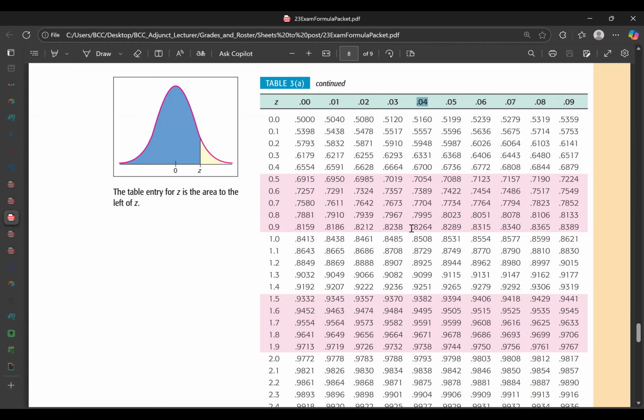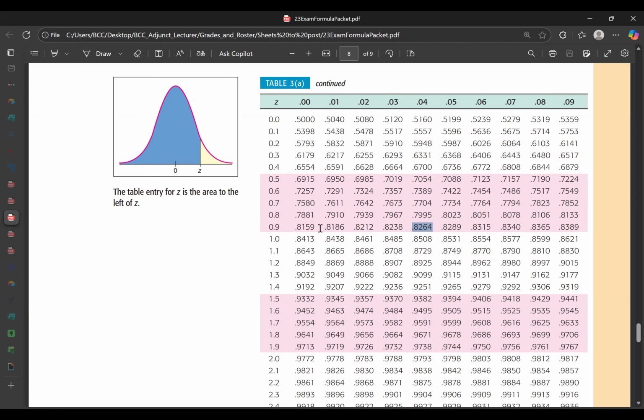So go to 0.9 and then you find the four up top and you look at where they intersect. That's gonna give me the point. Everybody got that? Look at the formula sheet and look at where they intersect. Then you can get that.